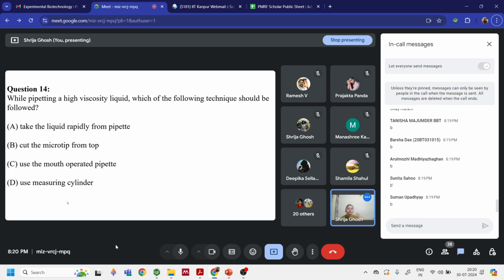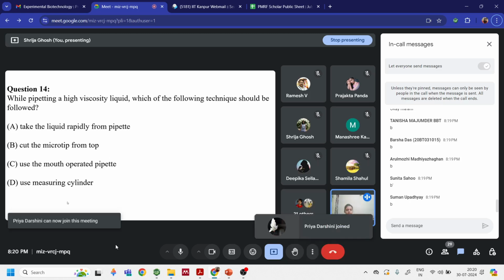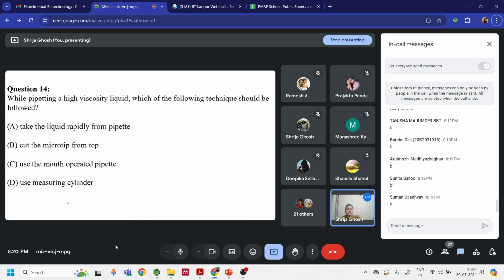But if you are pipetting out liquids like glycerol, that is very viscous, then you have to cut the microtip from top in order to make the tip wider, so that you can withdraw the liquid easily in one fluid motion. Otherwise, if you don't cut the tip and rapidly try to take the liquid, it will form bubbles.